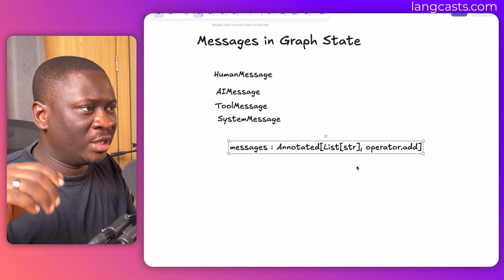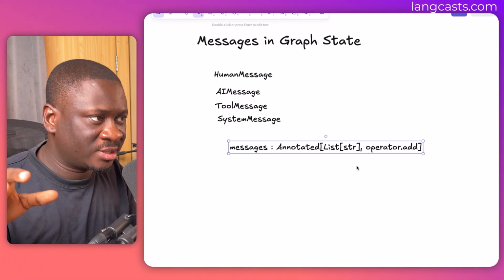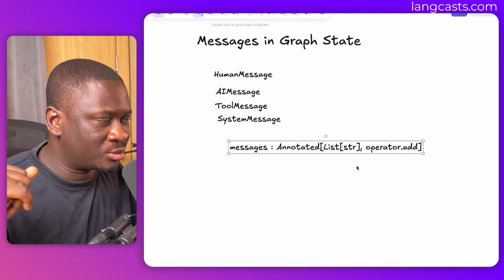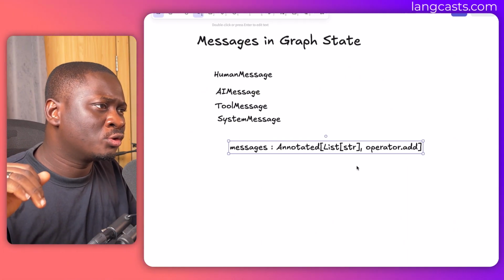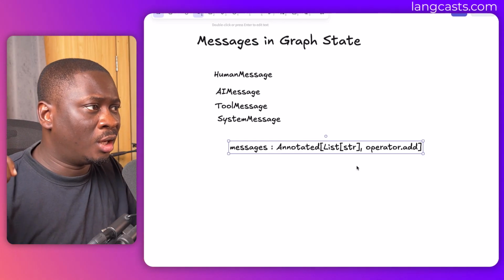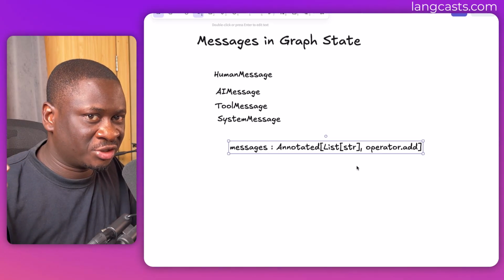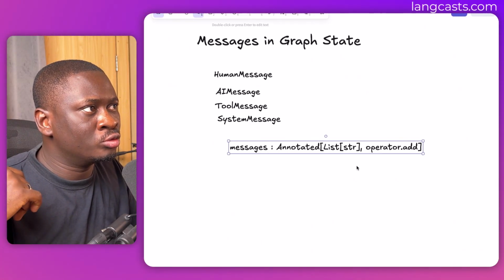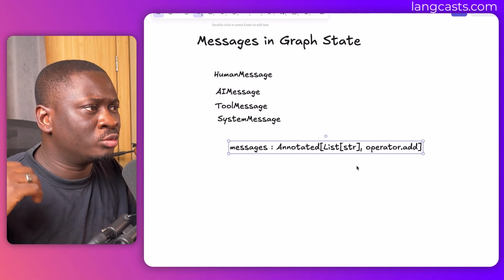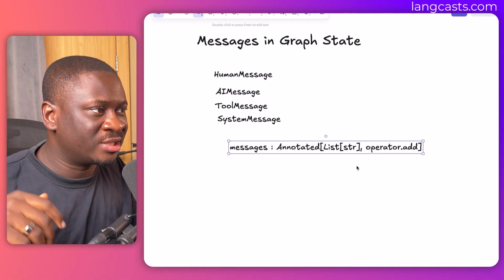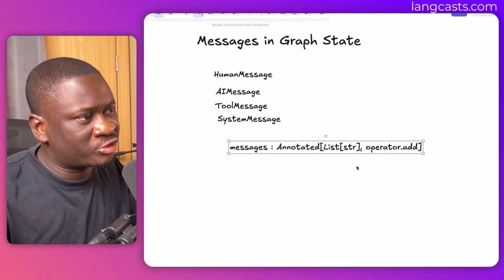That way, anytime you add a new item to this list, it will be appended to the list. It's not going to override the entire list. So that's all fine and good. This way, you don't get your whole conversational history wiped off. However, with something like this, working with tool messages is going to be a bit difficult because tool messages are not plain strings.